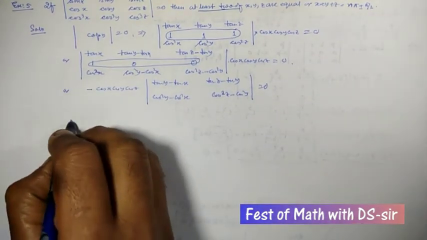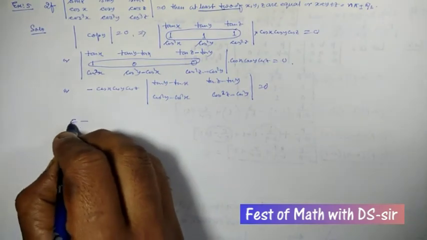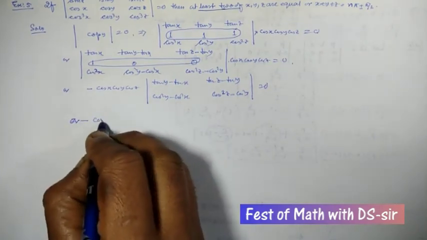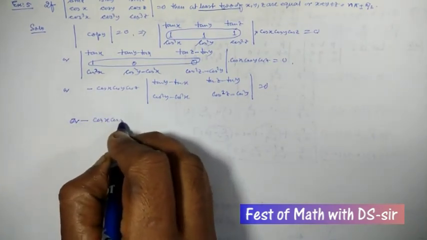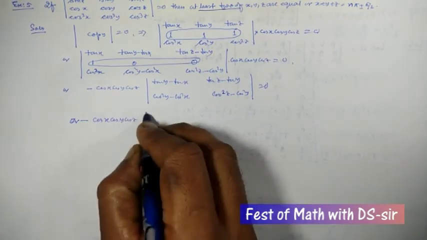Now see, this is equal to minus cos x, cos y, cos z.